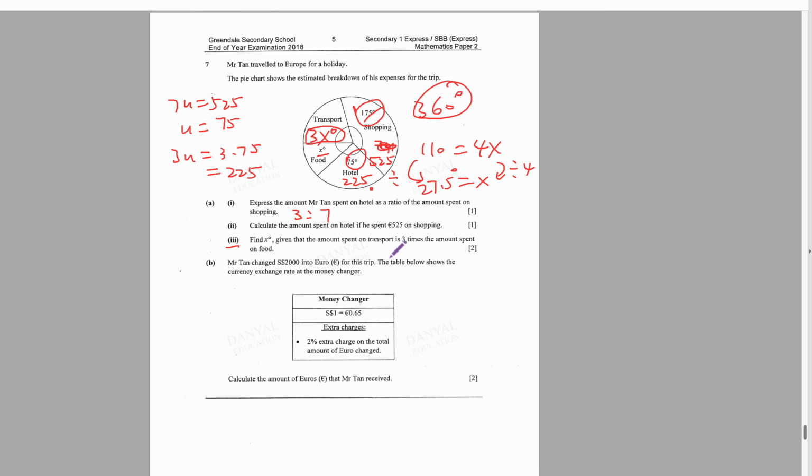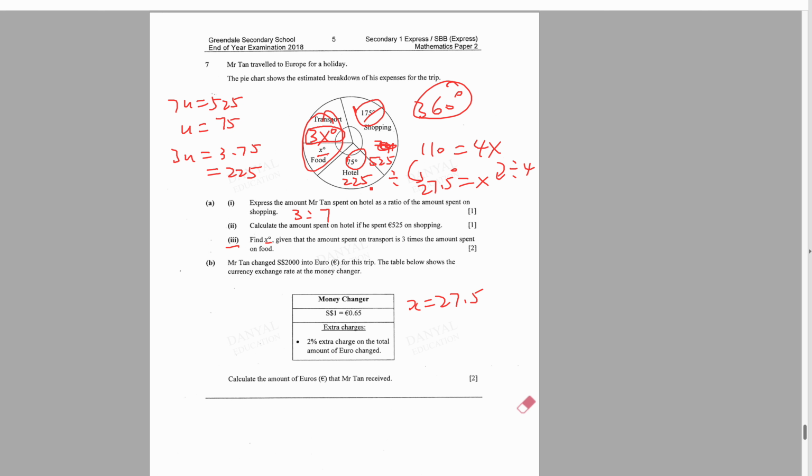So given that the amount spent on street is 5x, and this is 4x, they want to find given the amount spent on transport is 3 times the amount spent on 5x. So they want to find the x degree. x degree is 27.5 degrees, because they only want to find 5x. I already found x. So x is 27.5.